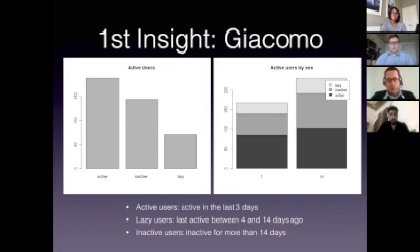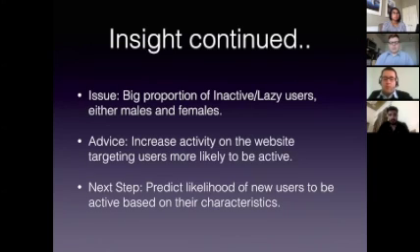So the conclusion we can get, going to the next slide, is that we need to find a way to increase the activity of the users on the website. In order to do that, we should target the users that are more likely to be active.